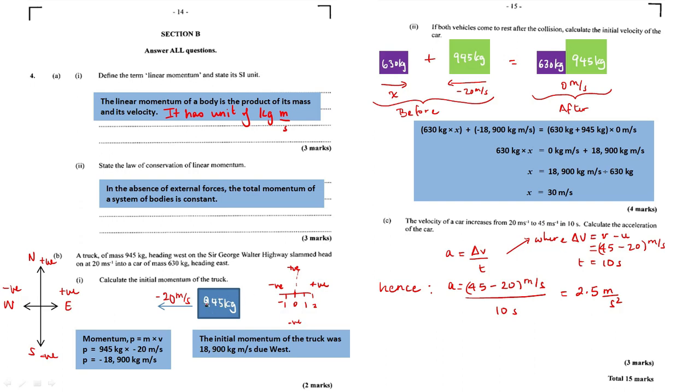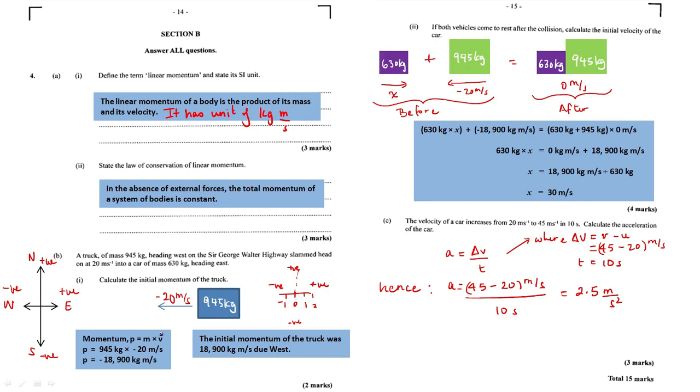In this case, the truck is traveling west, so my velocity is negative. Momentum is calculated, as the definition states, by multiplying the mass by the velocity, and we get negative 18,900 kilograms meters per second.